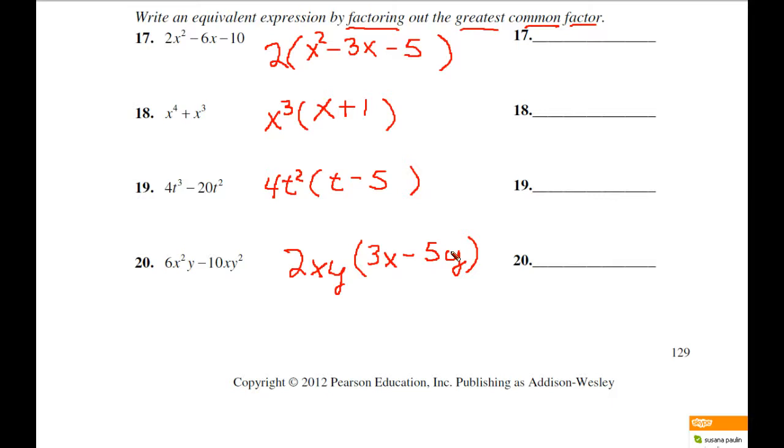Well, take a look and see how you did. Now, notice that inside the parenthesis, there are no more common factors. If we achieve that, then we are successful. And notice you can always check your work by distributing.